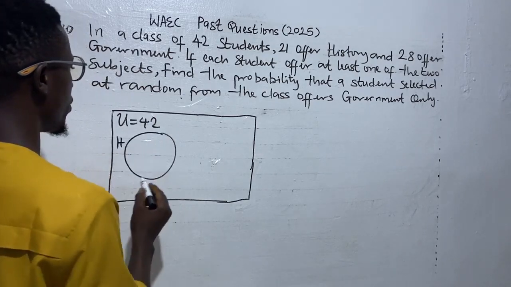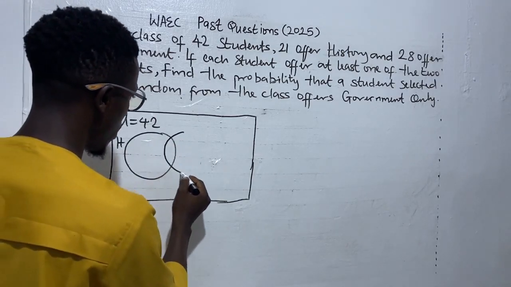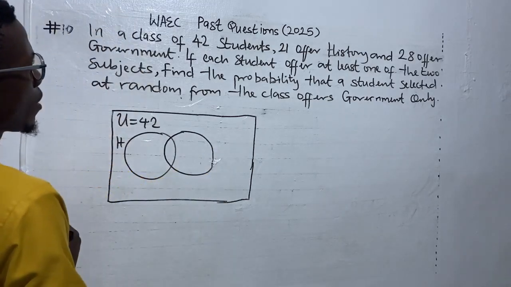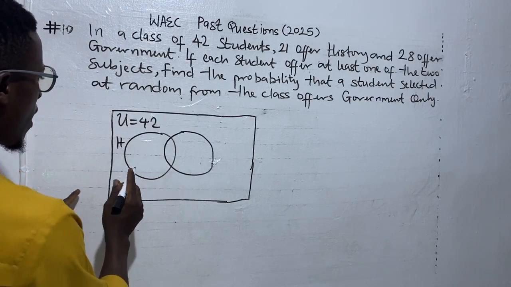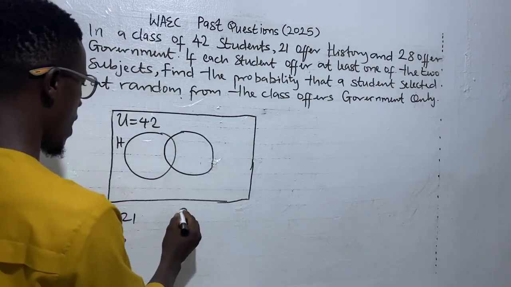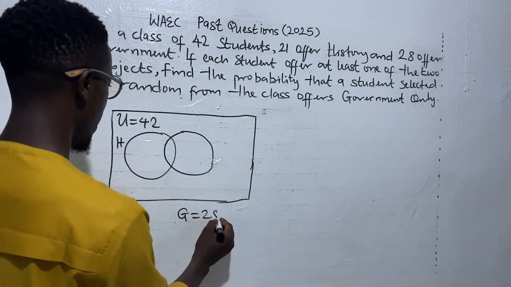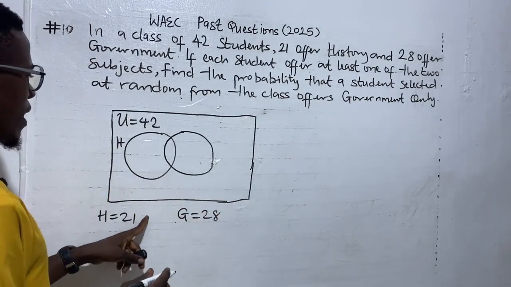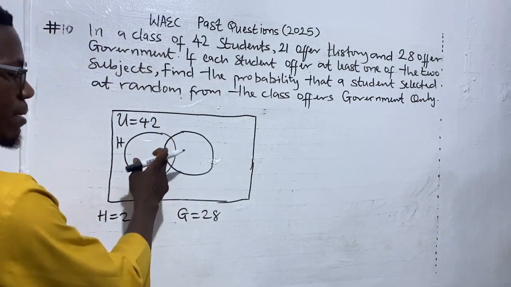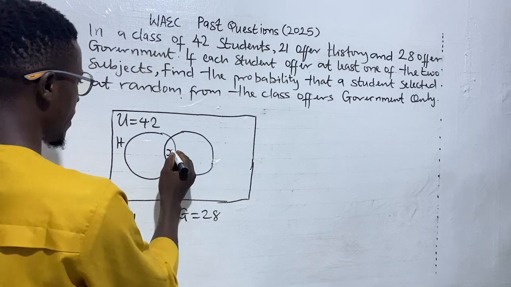Let's represent that with H. And the second course represents government. Let's say H equals 21 students, and government equals 28. There's a possibility that some of them offer the two subjects. That's why we have this intersection here. So let's put x there.